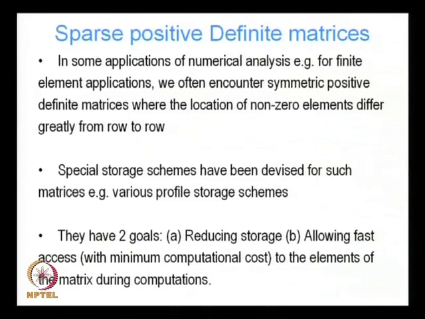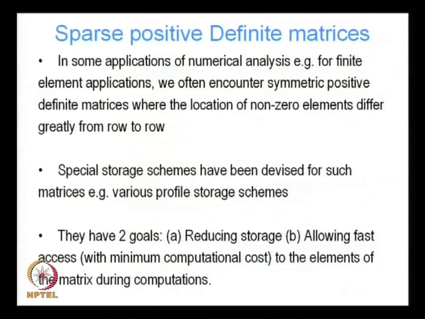Next, let us switch to a slightly different topic, which is related, but which is of very great importance when you are trying to solve practical problems which have very large coefficient matrices. For instance, we often encounter symmetric positive definite matrices, for instance in finite elements, where the location of the non-zero elements differ greatly from row to row.